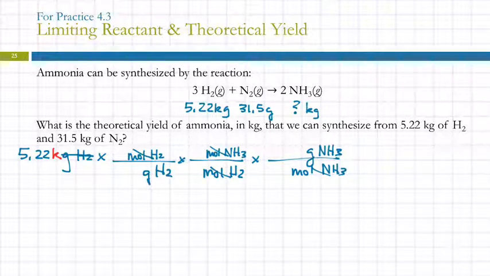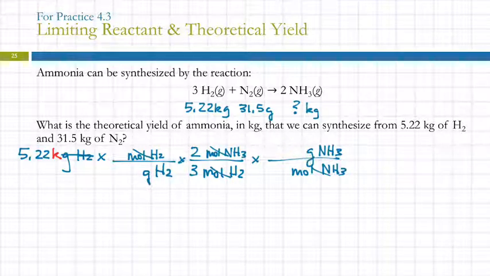From the equation. From the equation, thank you. So here we see 3 in front of H2, so I'm going to put a 3 in front of moles of H2. There's a 2 in front of NH3. This equation is saying I will get 2 moles of NH3 if 3 moles of hydrogen react. Okay?